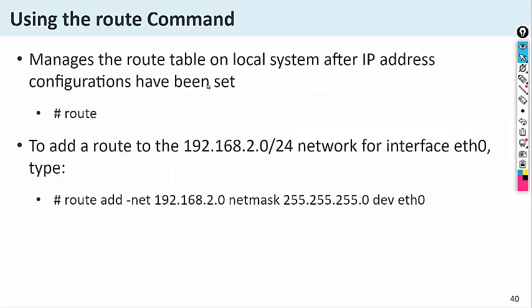Another command is route. In a computer there are IP addresses that need a routing table, meaning your computer has a routing table. You can also define a specific route, so that if data comes in with a particular network or subnet mask, it will be forwarded there.